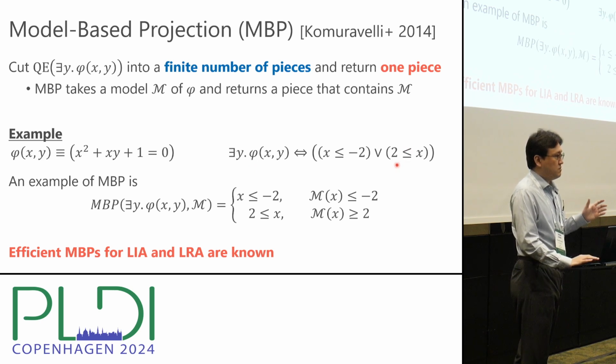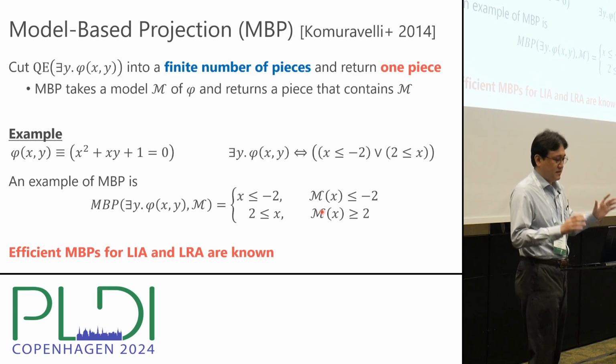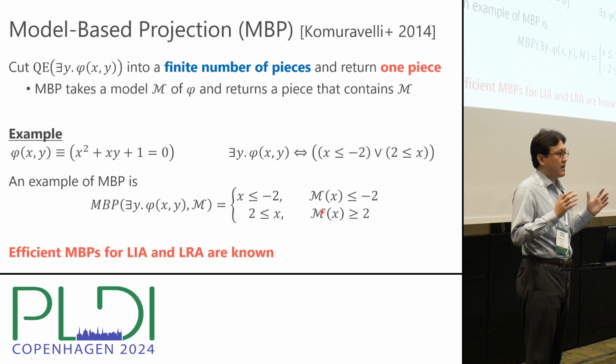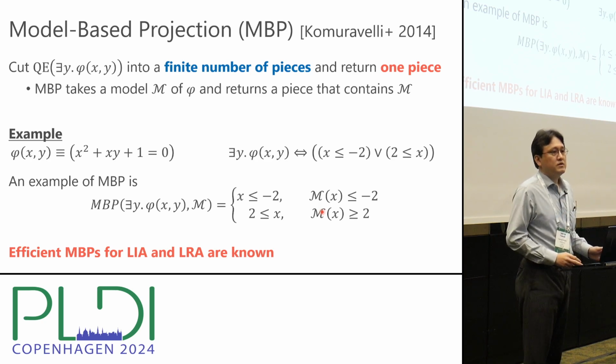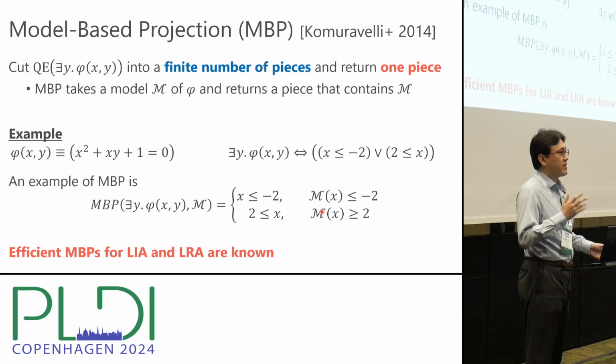Then a possible MBP is defined like this. It returns this component or this component depending on the value of the model m on the variable x. And what is interesting is that MBP has an efficient implementation, despite the fact that QE is very expensive.